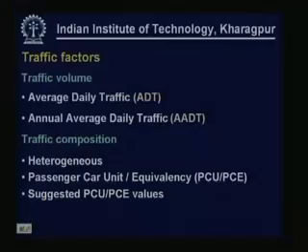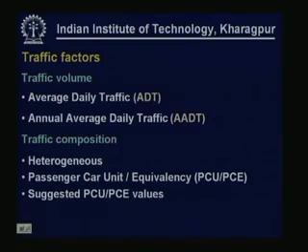So, therefore, passenger car unit or passenger car equivalency factors are used to convert heterogeneous traffic stream to a stream of homogeneous traffic, where it is suggested that a car is taken as the standard vehicle and all other vehicles are expressed in terms of equivalent number of cars.